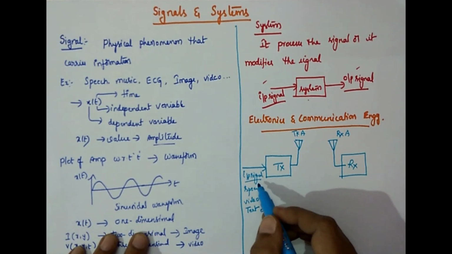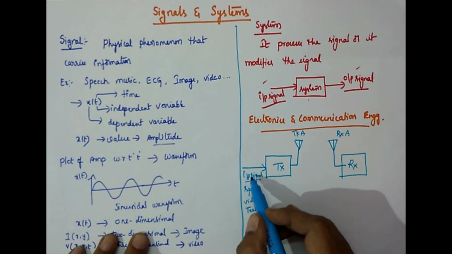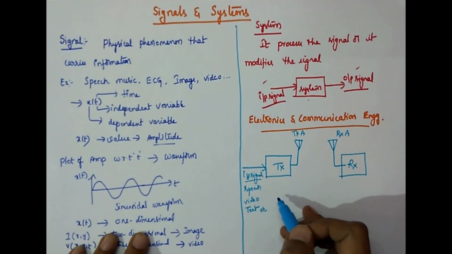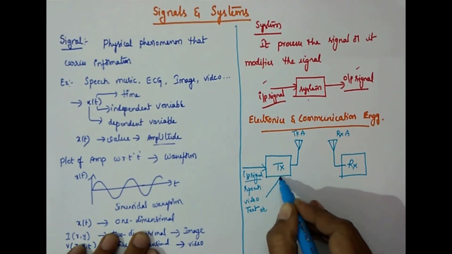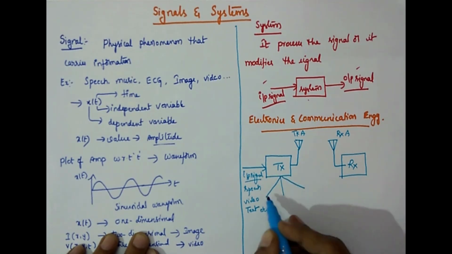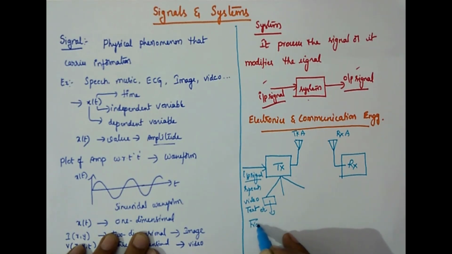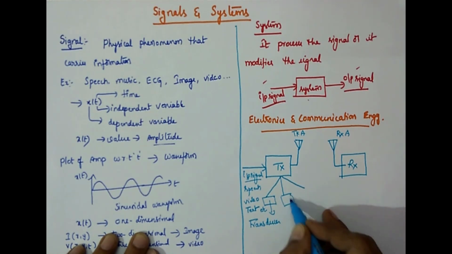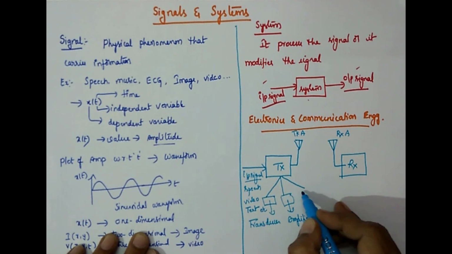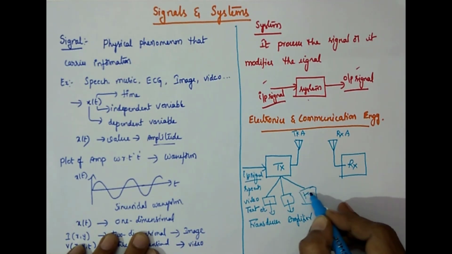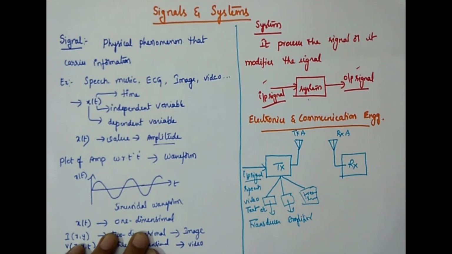These are the forms of input signal. After giving this input signal to the transmitter, the transmitter will modify your input signal. Your transmitter will consist of many things: first a transducer, second an amplifier, third some frequency selective network.